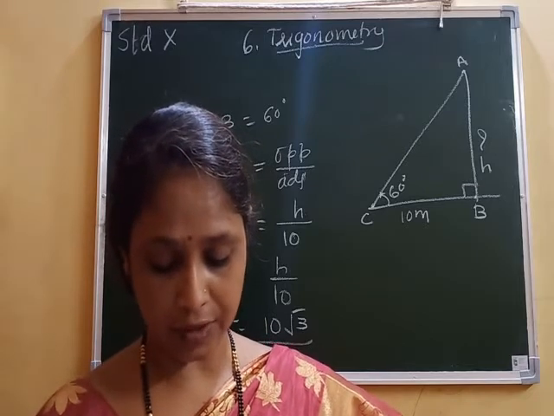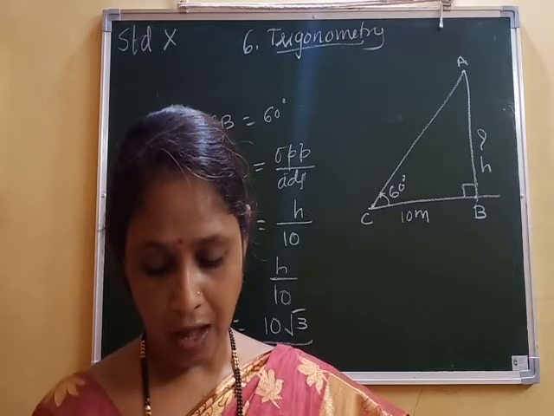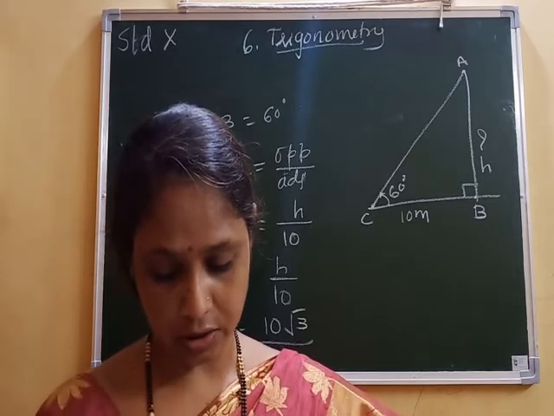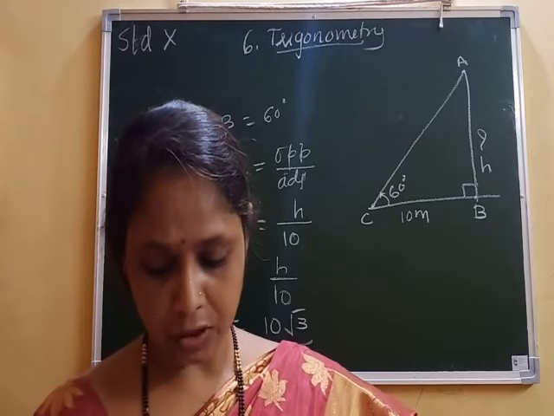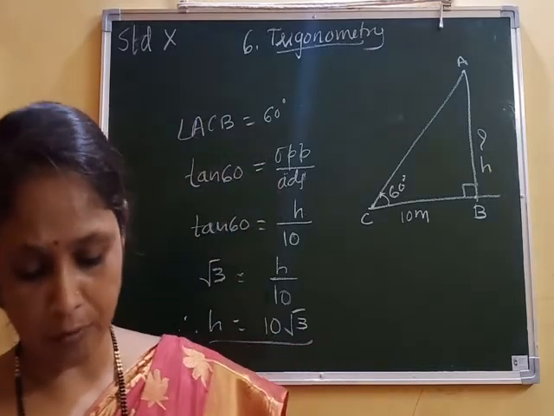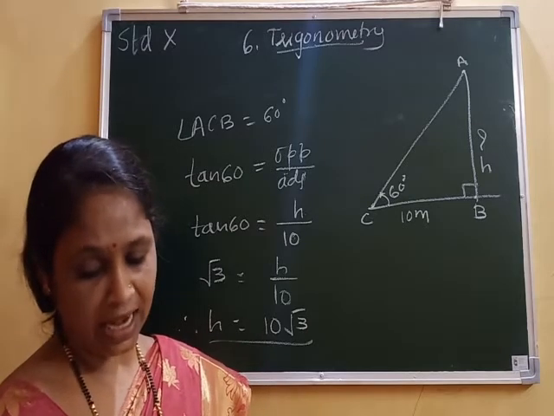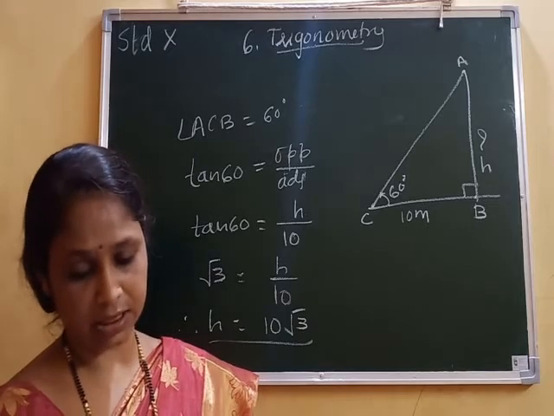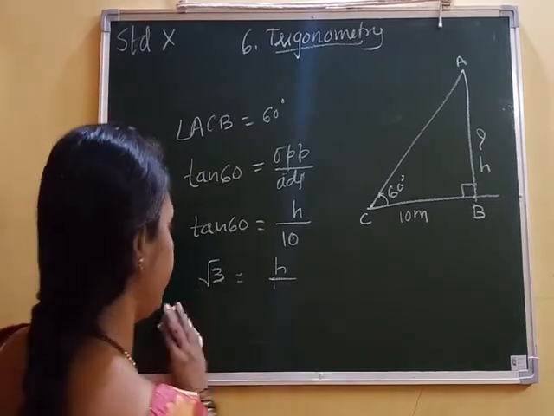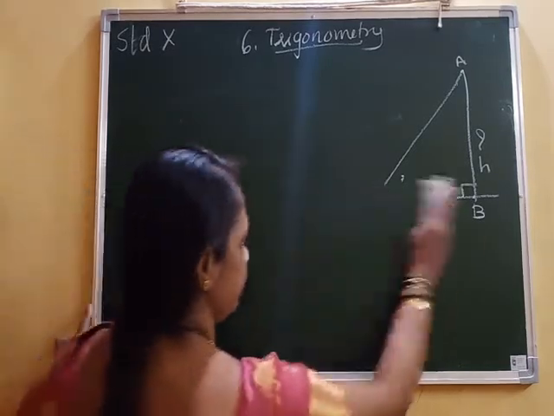If the height of the building is 40 meter, find how far the scooter is from the building. Now what is he telling? From the top of the building, an observer is looking at the scooter parked at some distance away. The observer is standing at the top of the building.